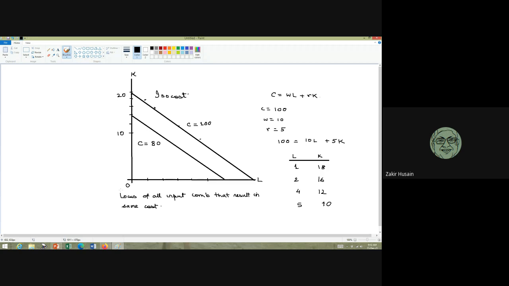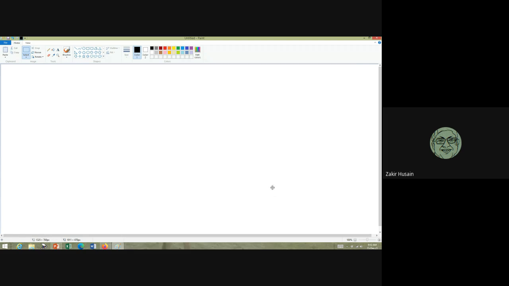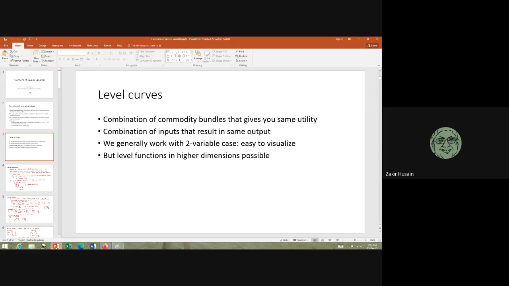Again, we can incorporate not 2 but 3, 4, many inputs, n number of inputs, but it will not be possible to draw them.